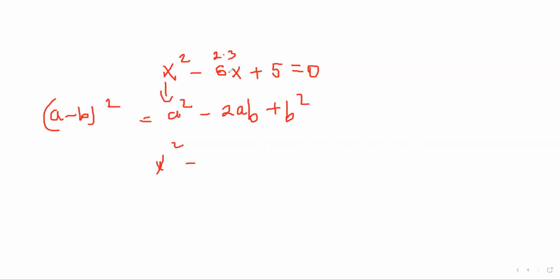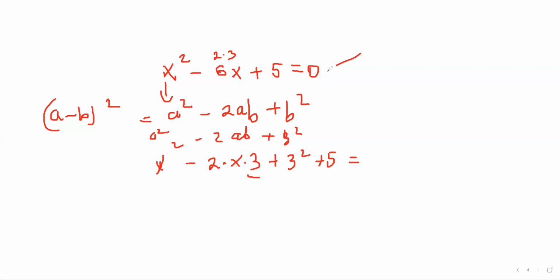So obviously here we have 2 times x, 2 times the first variable and times the second variable, which is 3 in our case. So it is a squared minus 2ab plus b squared. But b squared is 3 squared. So plus, we said that we should add 3 squared to both sides.